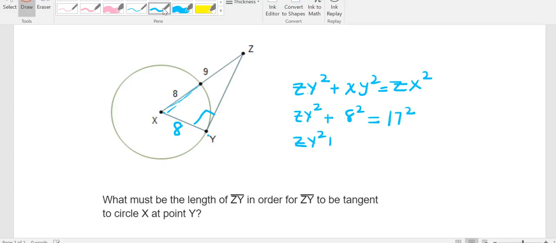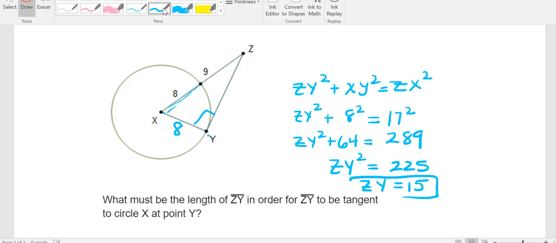So ZY squared plus 64 is equal to 17 squared, which is 289. So ZY squared is going to be 289 minus 64, which is 225. So ZY would have to equal 15 in order for that line to be tangent, and then you'd have a right triangle.